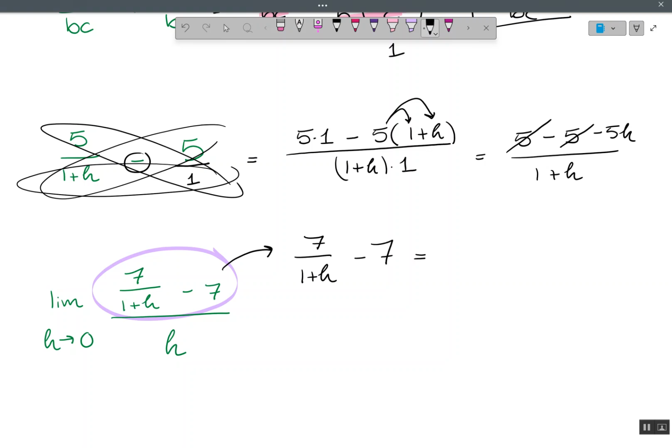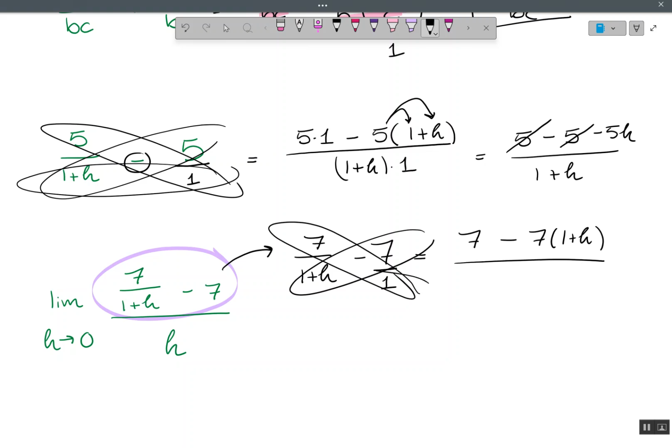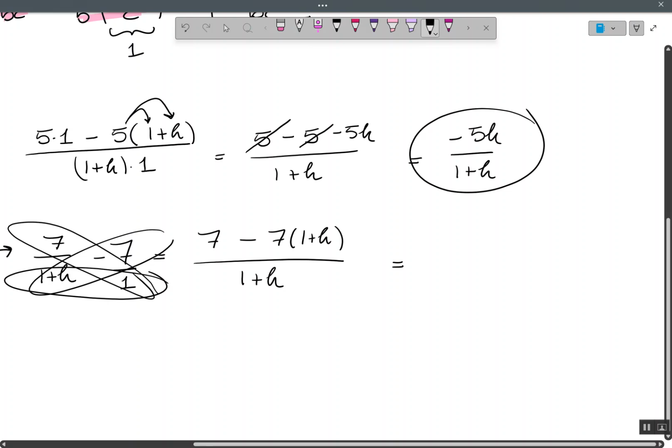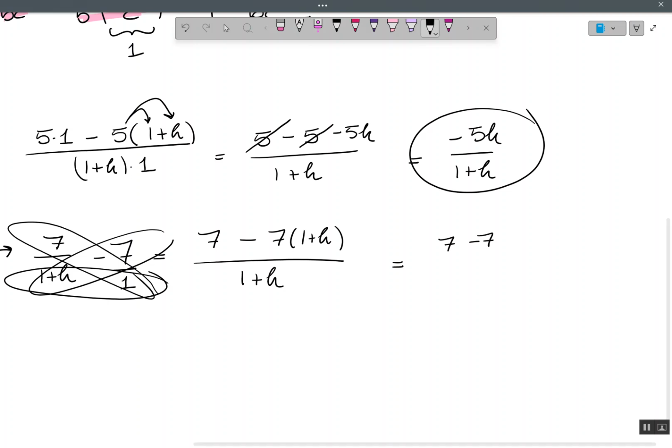minus 7 over 1. Butterfly method is going to be 7 times 1 minus 7 times 1 plus h, all over the product of the denominators, 1 plus h. Just like before, we will have 7 minus, this will give me 7 plus 7h, so I'm going to have 7 minus 7h.